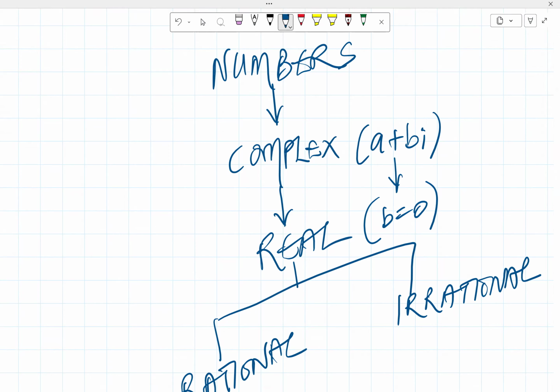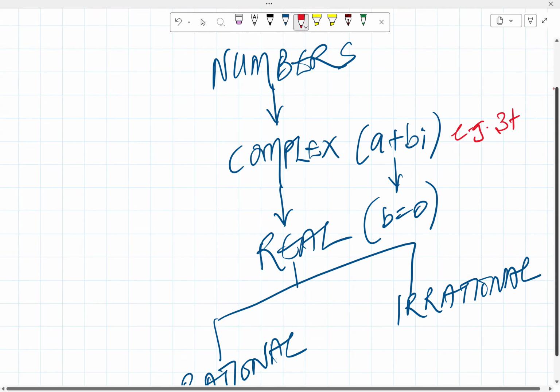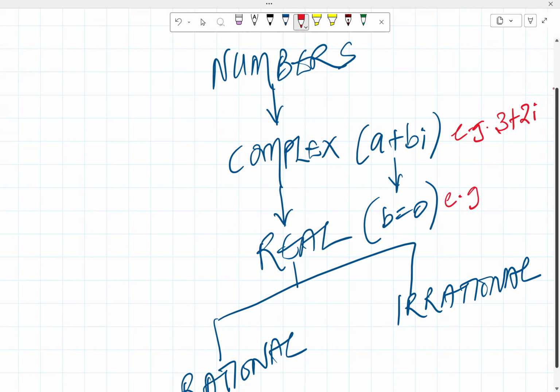So in any case where b is equal to 0, a good example might be 3 plus 2i. But when b is 0, you then have maybe just 3. So you can say this is a real number, and other examples like that.